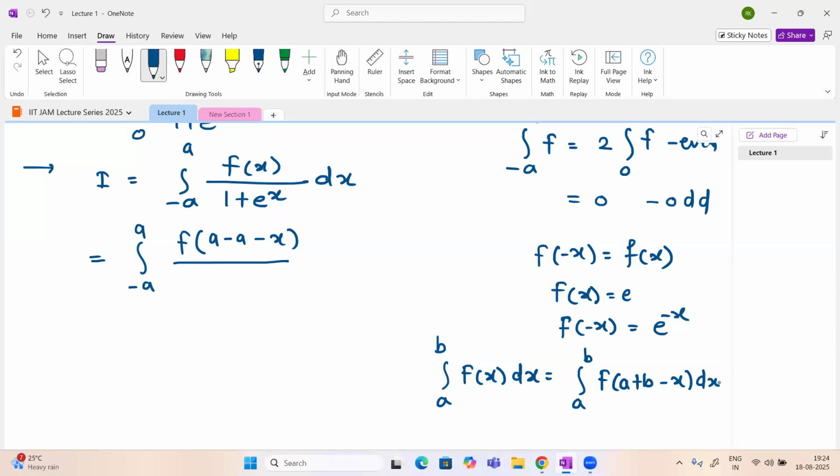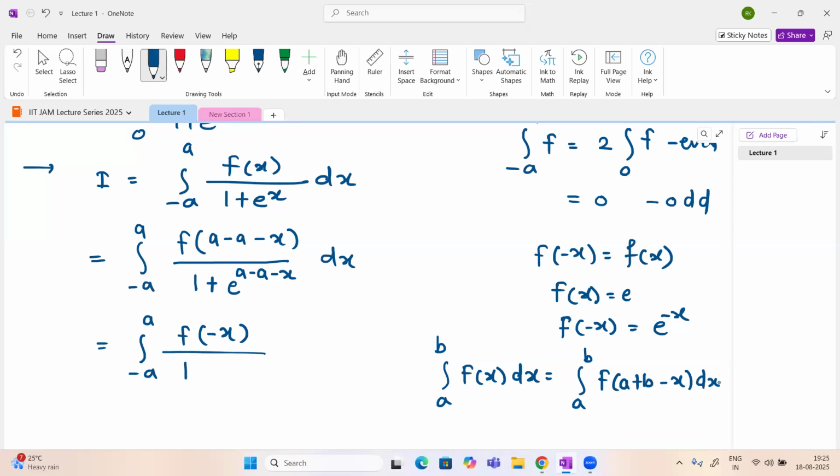In the denominator, what will happen? 1 plus, in place of x, what should we write? Minus x. Upper limit plus lower limit minus x. So definitely a and minus a we can cancel here. Agree? So you will get f of minus x.